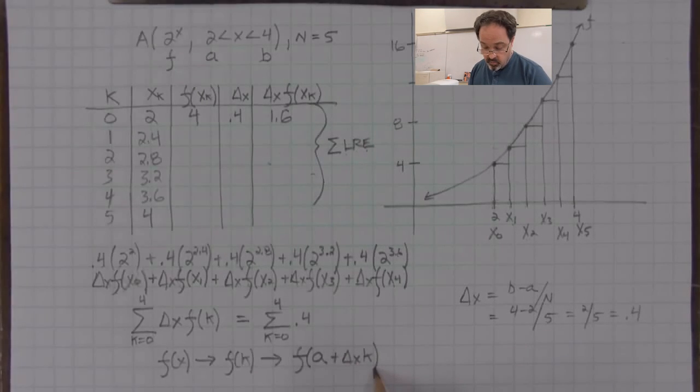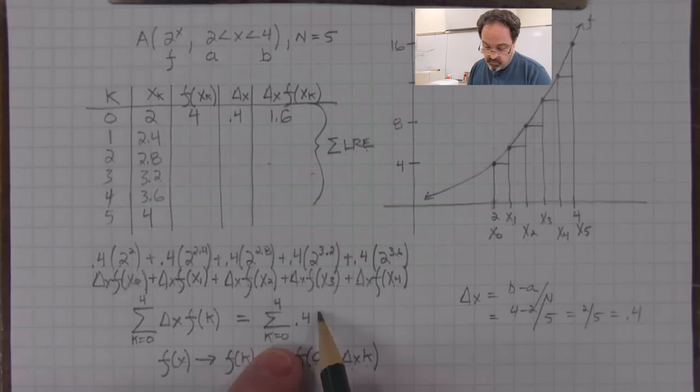In this way, we can use f of x, but rather than putting x into it, we put a plus delta x k, with a and delta x being numbers that are known, and it converts it into the function of k.